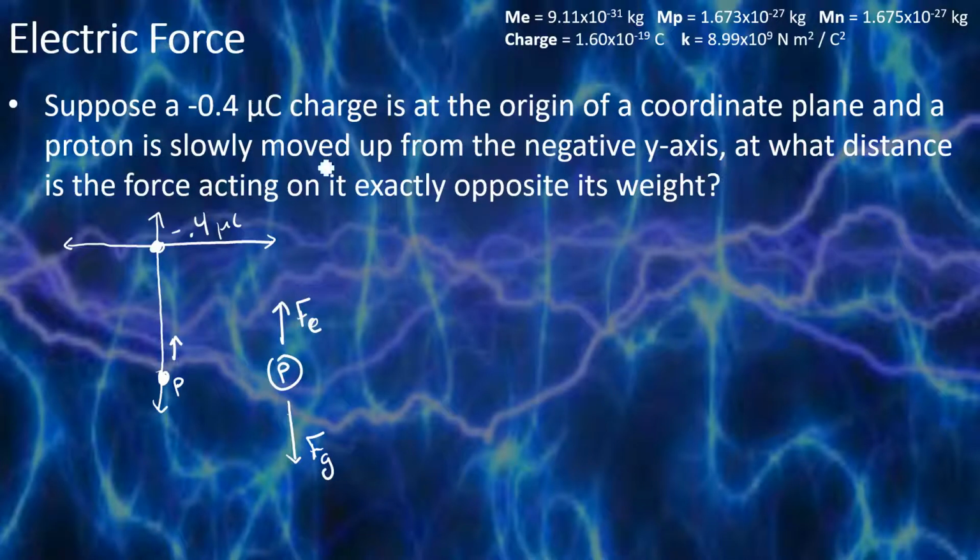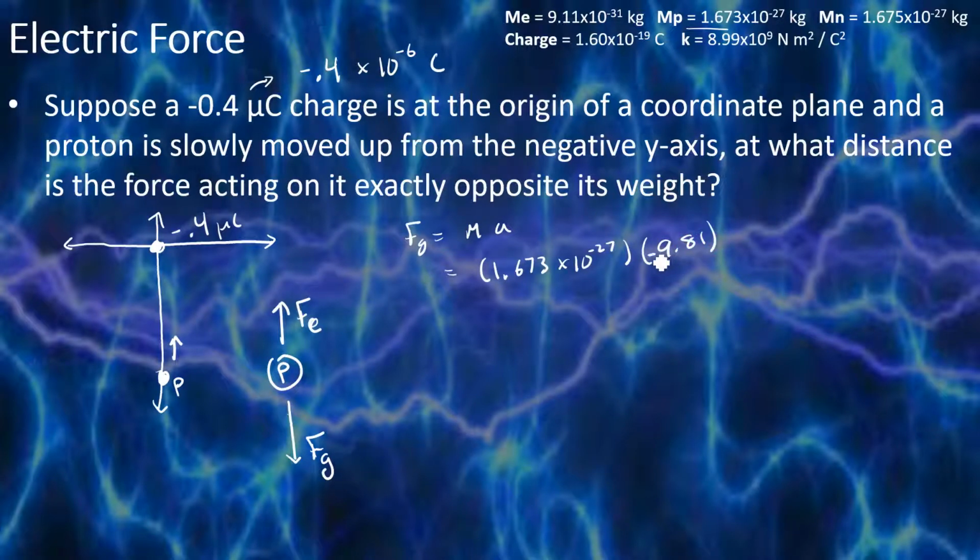So let's change this to coulombs. So this is negative 0.4. I'm not going to bother getting this into correct scientific notation. There's our coulombs. We need to know this force due to gravity. And the force due to gravity is mass times acceleration. So the mass, this is a proton, and the mass of a proton is up here. And that needs to be in kilograms, and it is. And our acceleration, 9.81, downward.